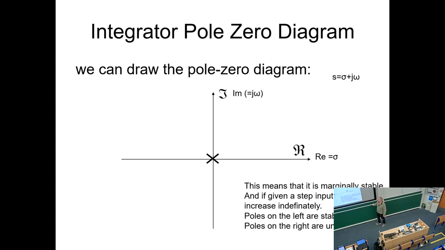It would be under control. If the pole was over here, it would be very unstable, and not only would it drift, it would actively go mad. So by plotting your poles and zeros from your transfer function on a little graph like this, just seeing where they are, you can instantly tell whether your system is going to behave itself or not. Poles on the left are stable, poles on the right are unstable. That's really all you need to know about them.